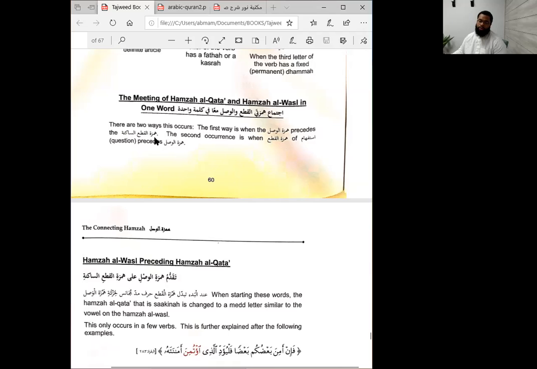Either Hamzat al-Wasl is before, then Hamzat al-Qata' is going to have a sukoon. Or Hamzat al-Qata' is before, which is if Hamzat al-Qata' is the inquisitive Hamza, then it's going to have a fatha.